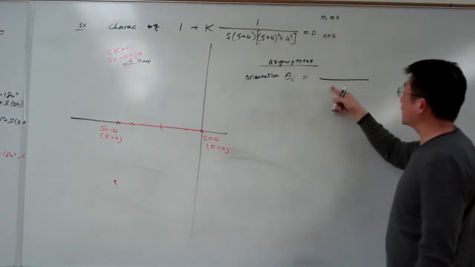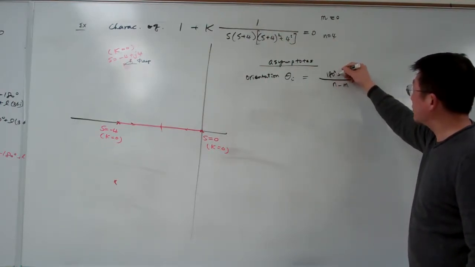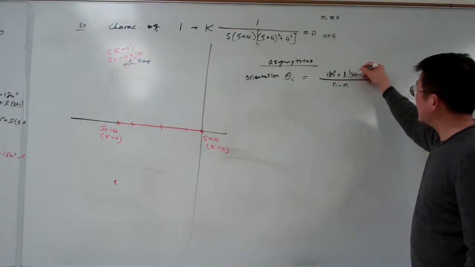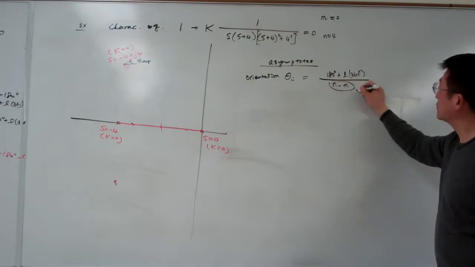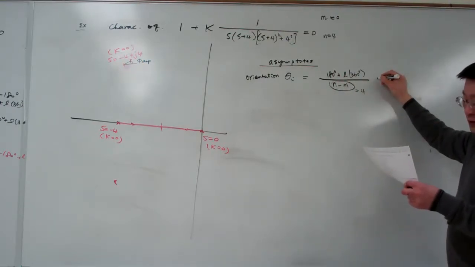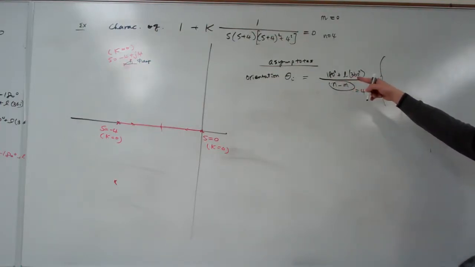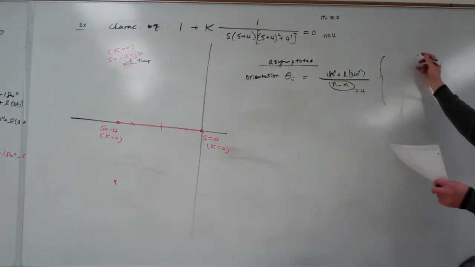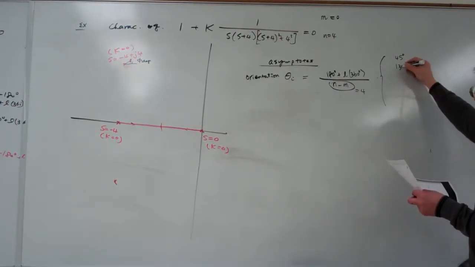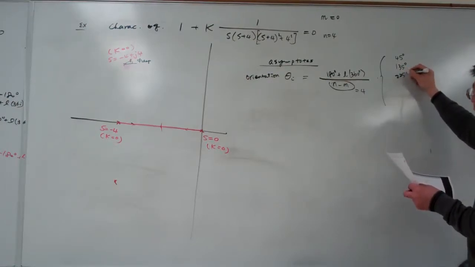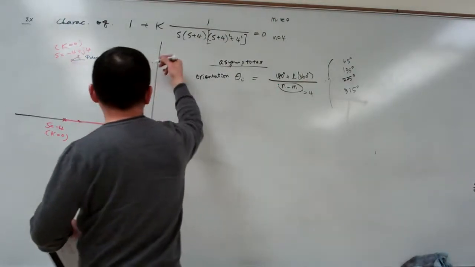If you remember that formula, it is (180 degrees plus L times 360) over n minus m. For this case, n minus m is 4, right? So from here, we should be able to determine this angle by changing L as an integer. That is 45 and 135 and 225 and 315. Basically, 45 is something like this.